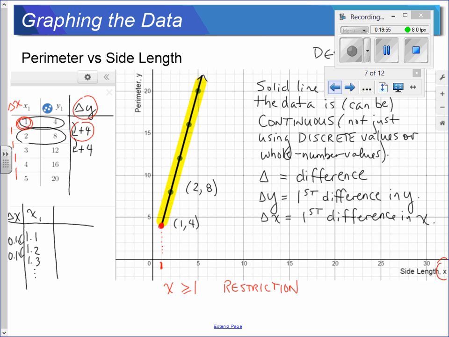So in this case, you can see that the slope of the line, or rise over run, is 4 over 1. So delta y over delta x is 4 over 1. Either way, you can read the graph or you can read the table and it will give you your slope. All right, let's finish this up.